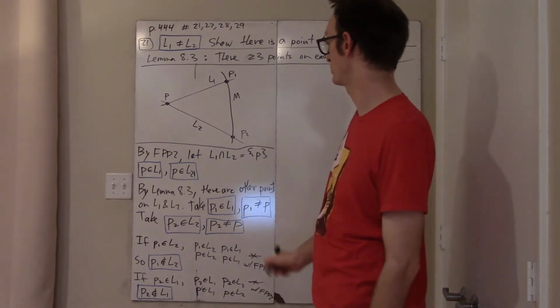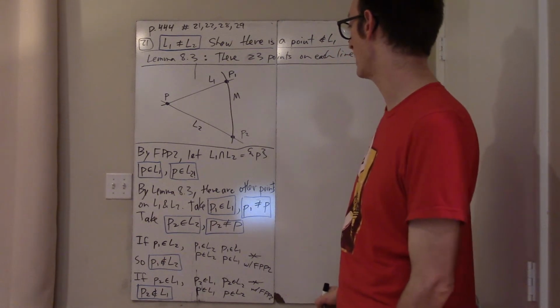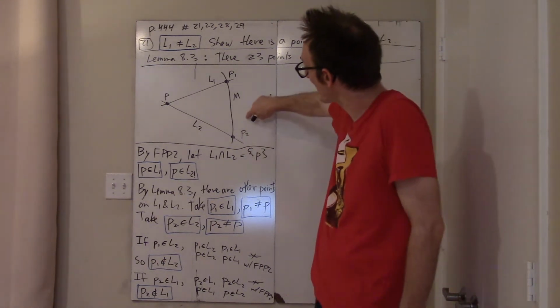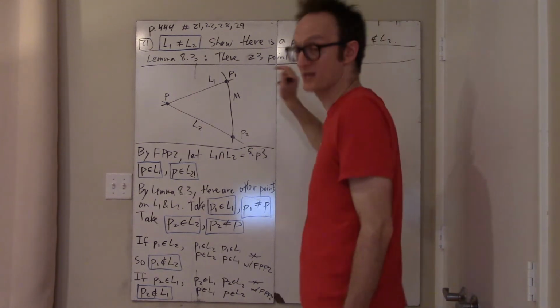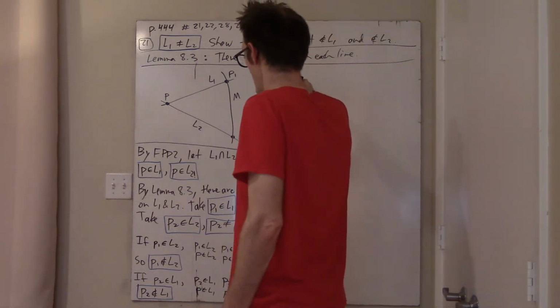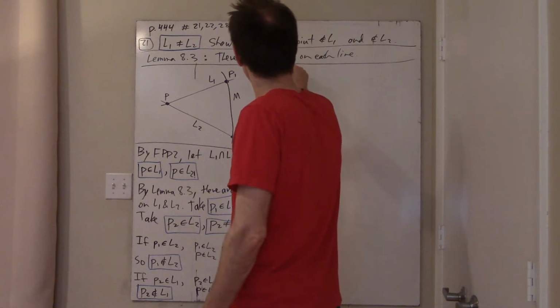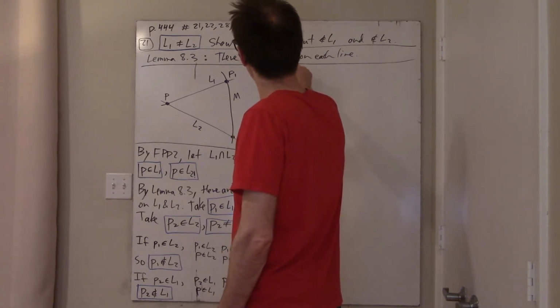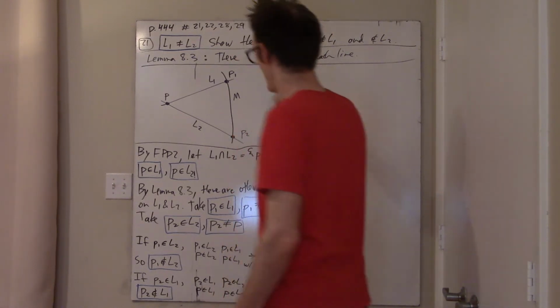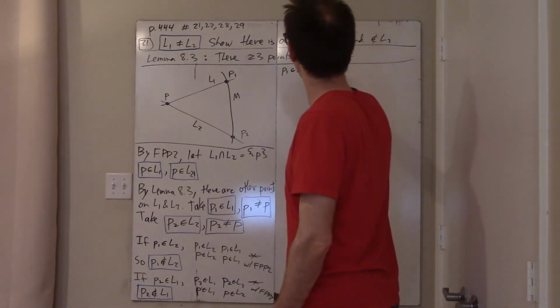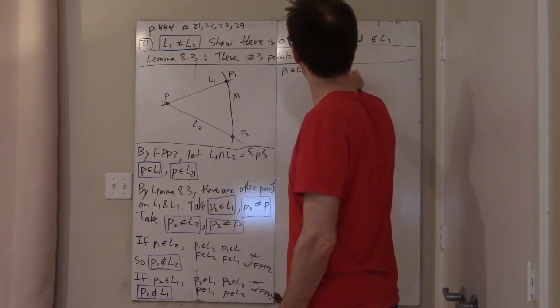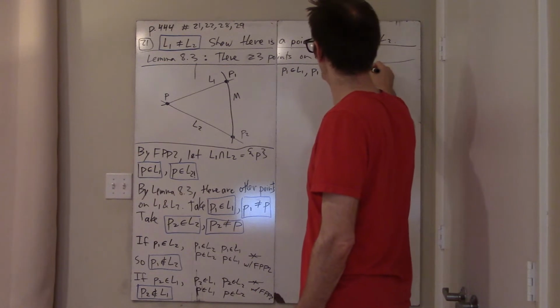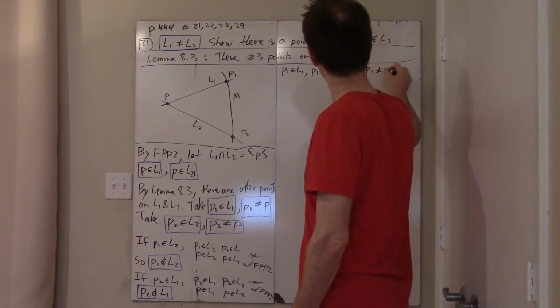I have these 2 points, P1 and P2. Oh no, there's one more thing left. Note that I haven't actually shown that P1 and P2 are different yet, but I'm now prepared to do so. And the fact is that they have different properties. P1 is on L1, but we've just shown that P1 is not on L2, and so we conclude that P1 is not P2.